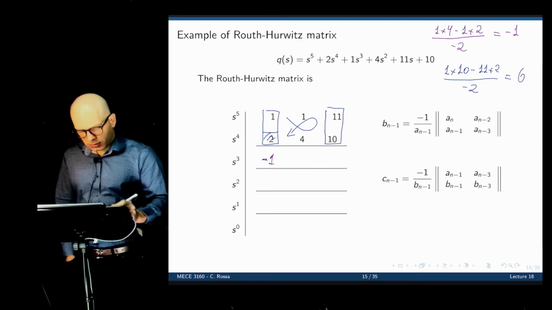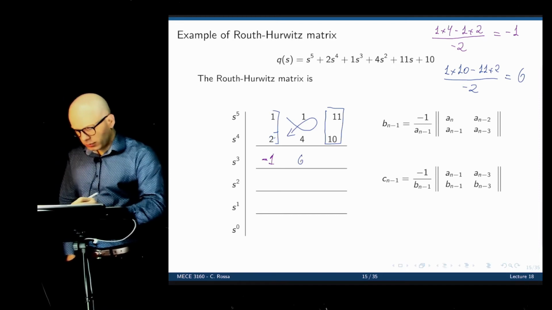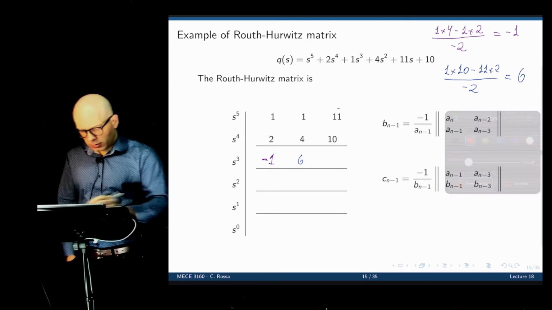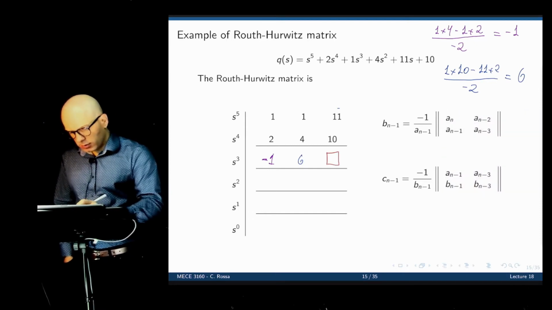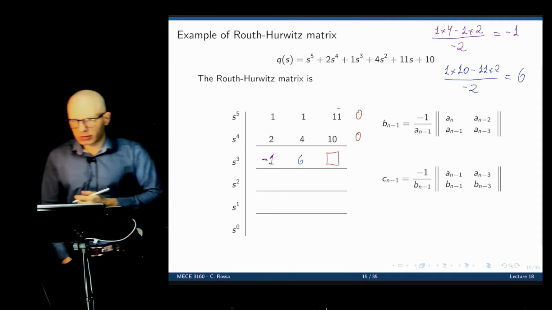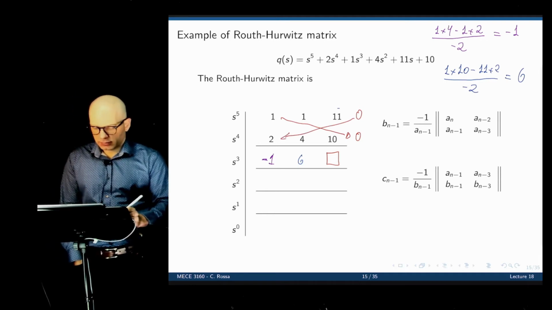So this element here is 6. Now we need to calculate this element. So we have to stretch the matrix, and there's nothing there, so this is 0 and 0. So here we have 1 times 0 minus 0 times 2 divided by -2, that's 0.